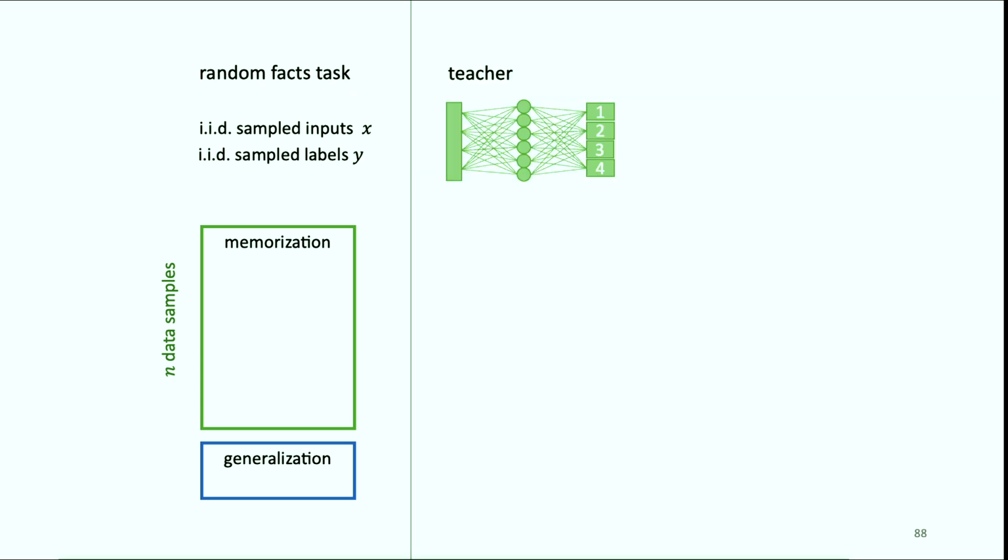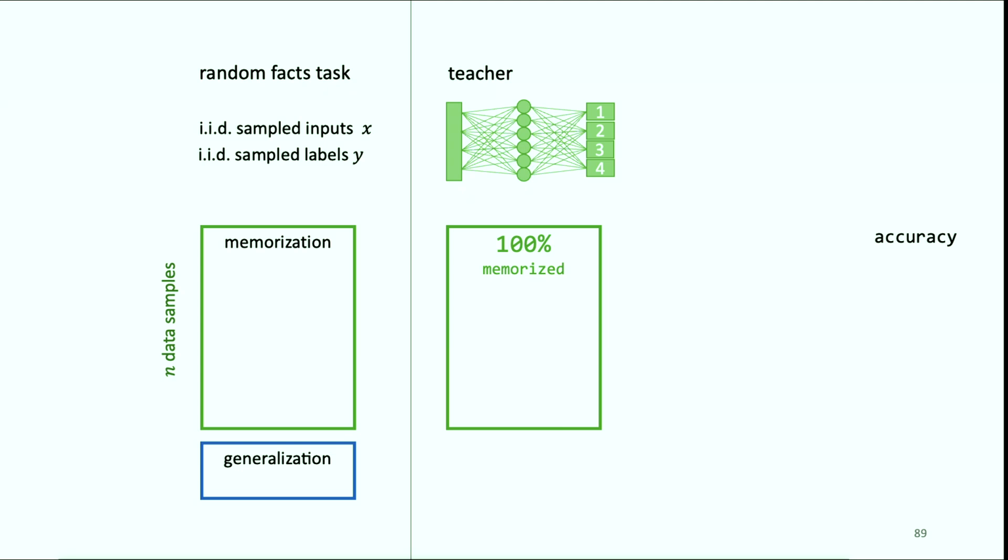Then you train the teacher on this dataset, and it memorizes it at 100%. Because there are no correlations a priori, the accuracy you get on this held out data would be random guessing. You can't learn it, right?